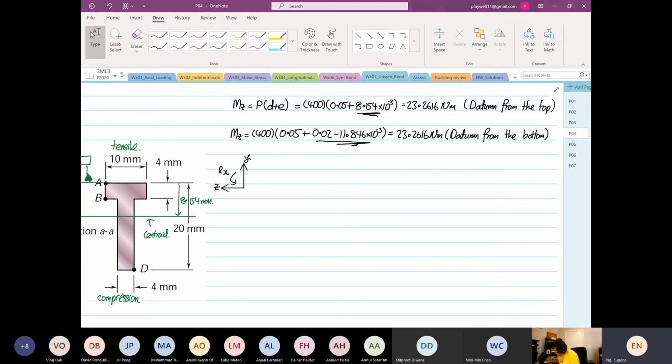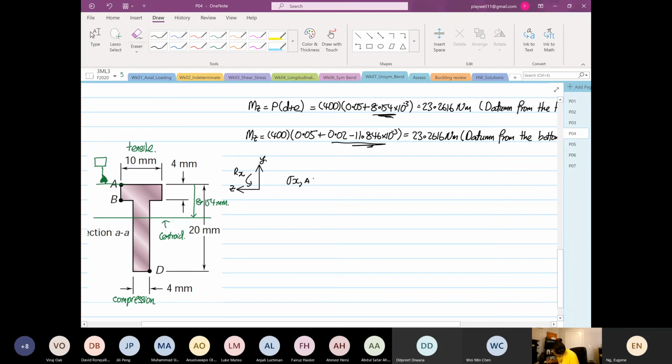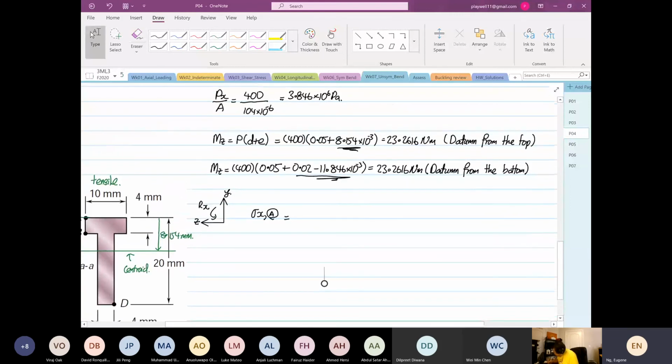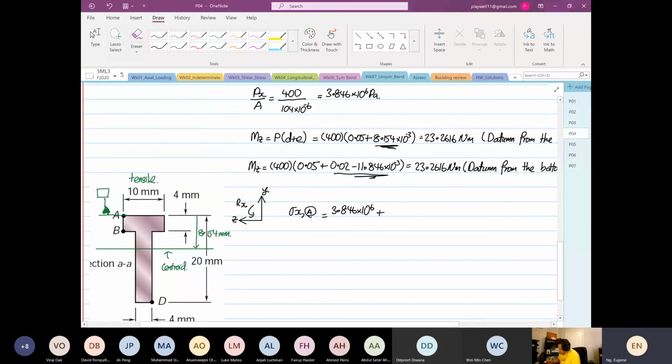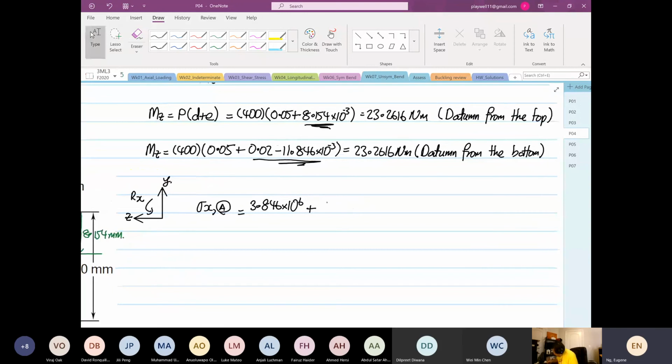It's really straightforward. So we're going to calculate stress X at point A. This is equal to positive, because the axial load is tensile, 3.846 times 10 to the power 6, plus, because the moment is going to induce a tensile load, M, the moment, is 23.2616.